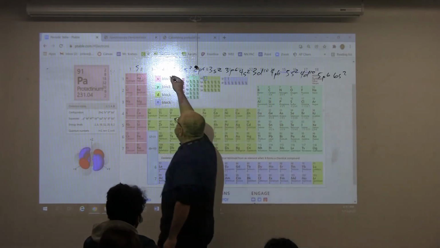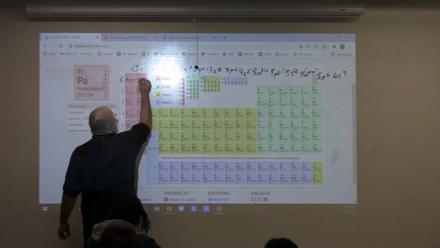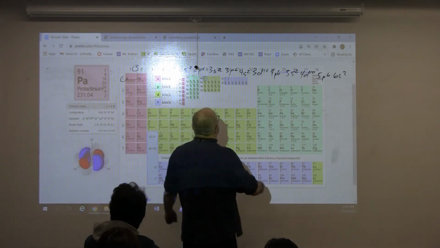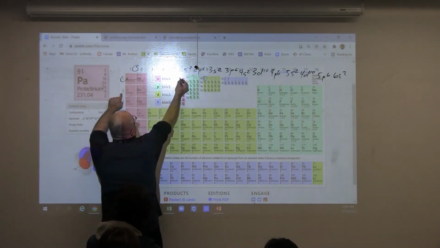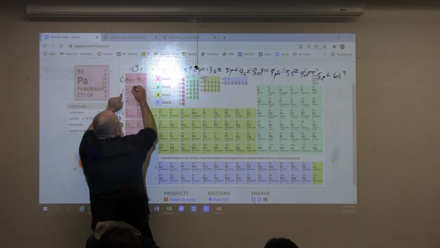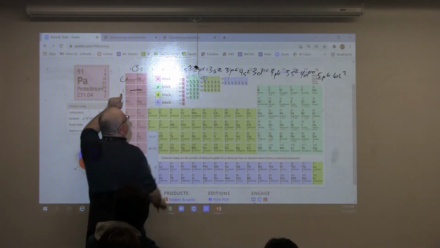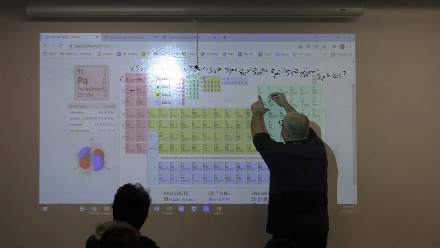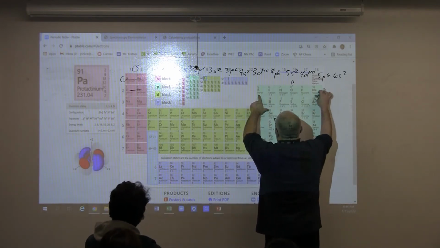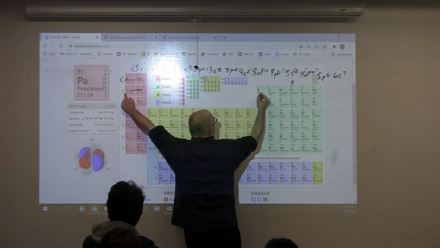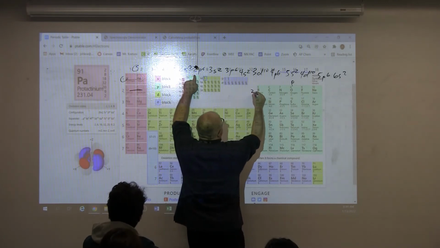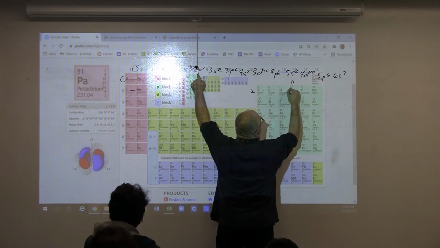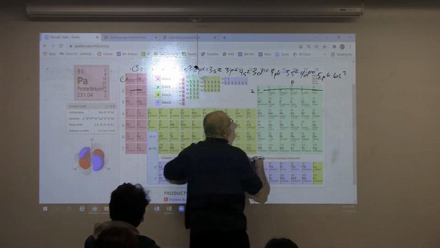Yeah, all of it. 1s2 came from 1 S and 2 elements. 2s2 came from 2 S, because we're in this section, and 2 elements. 2p6, since this is the p block, since we're in the second row, it's this section, and there's 1, 2, 3, 4, 5, 6 that I'm covering.